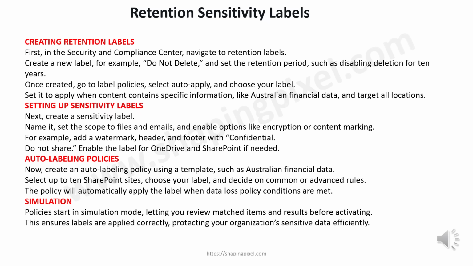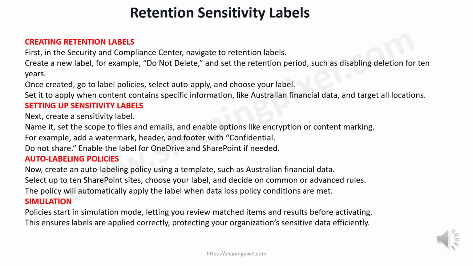Create a new label, for example, Do Not Delete, and set the retention period, such as disabling deletion for 10 years. Once created, go to Label Policies, select Auto Apply, and choose your label. Set it to apply when content contains specific information, like Australian financial data, and target all locations.